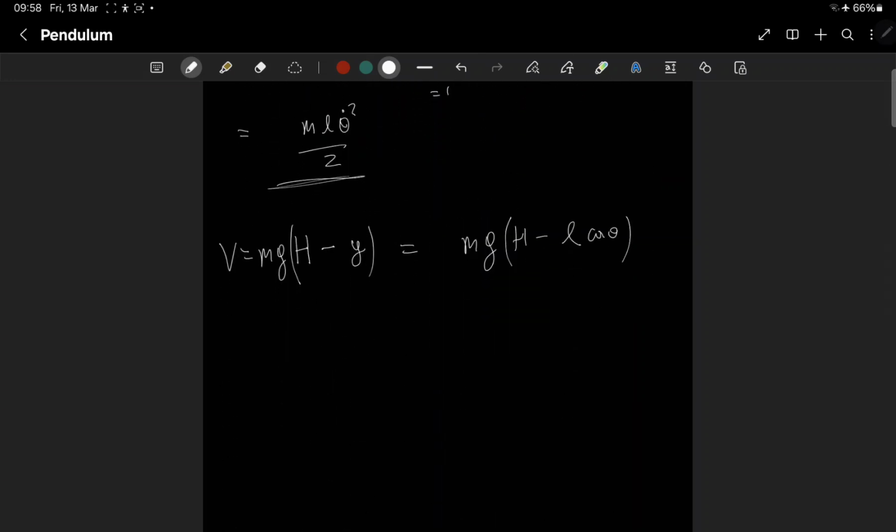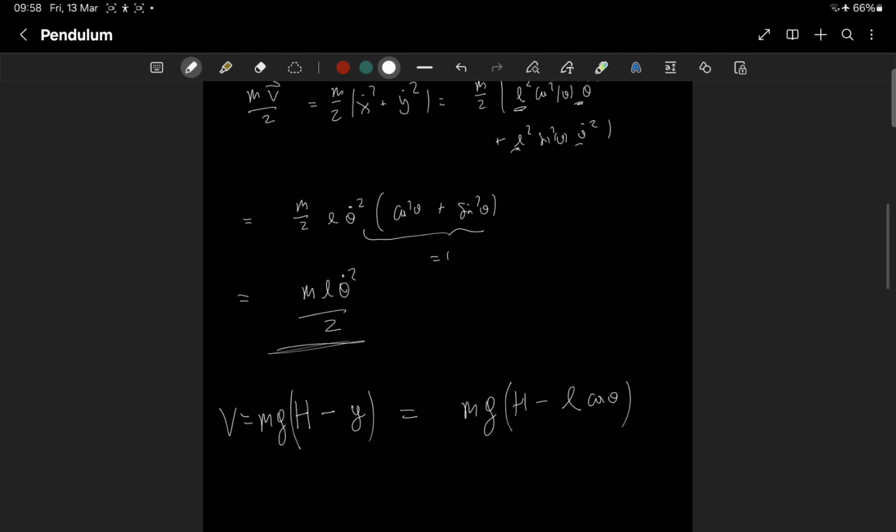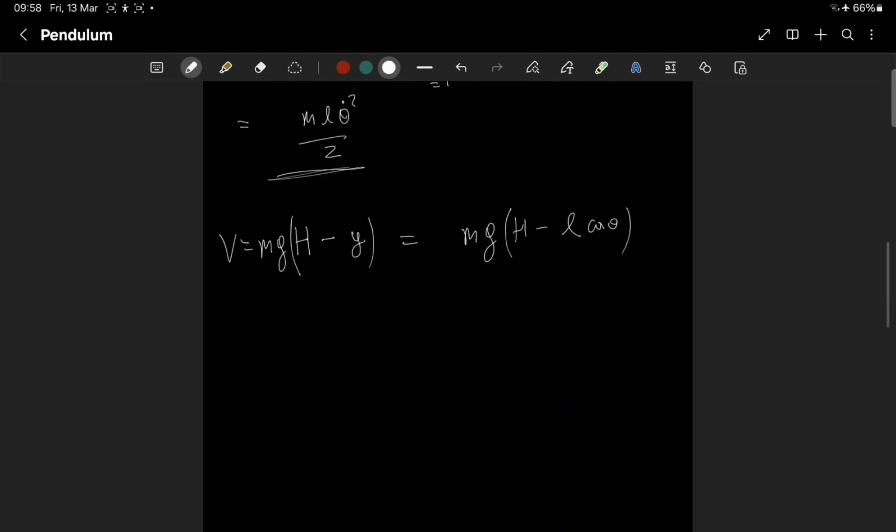And now to calculate the Euler-Lagrange equations, we have to calculate d by dt of partial L partial theta dot, minus partial L by partial theta, is equal to 0.